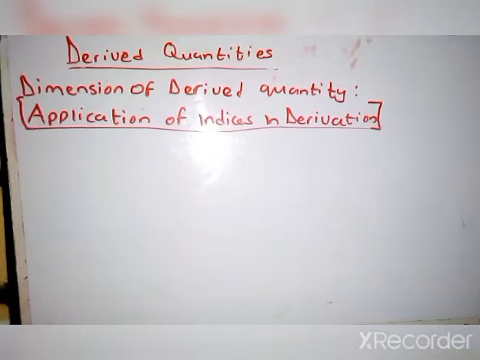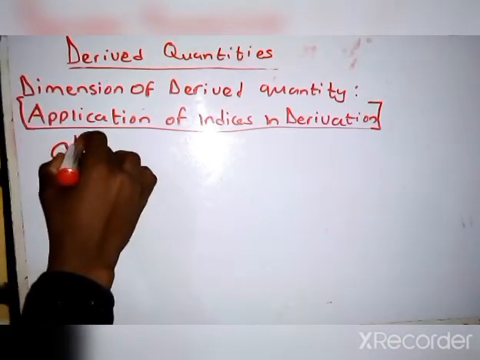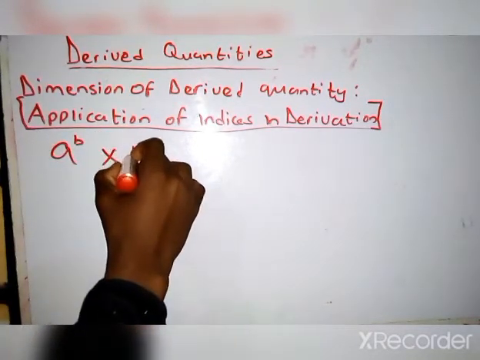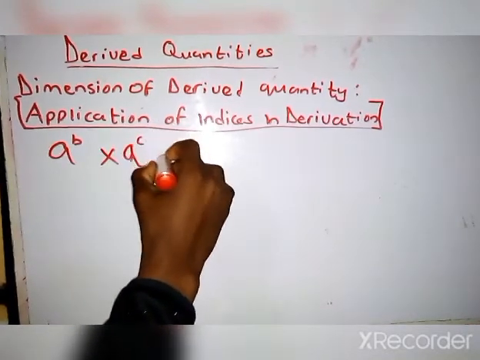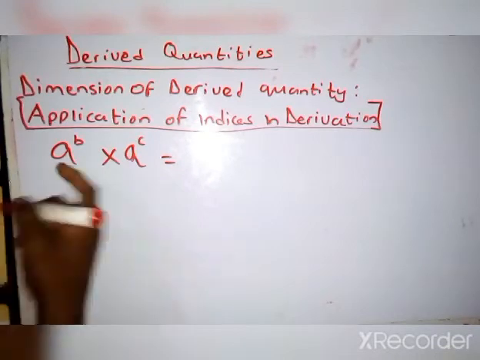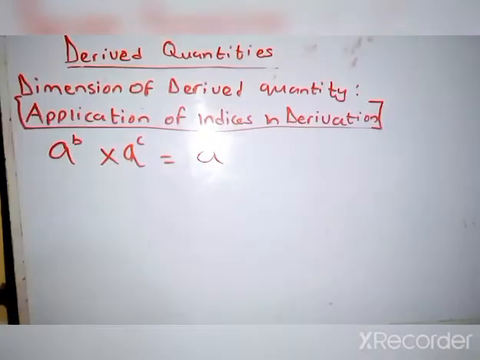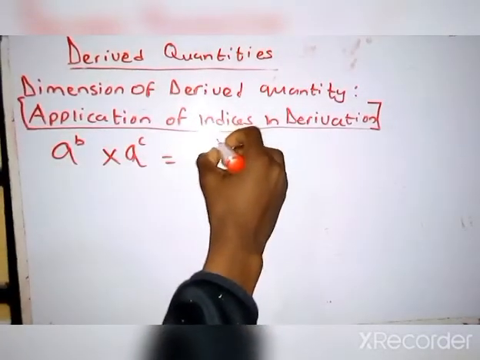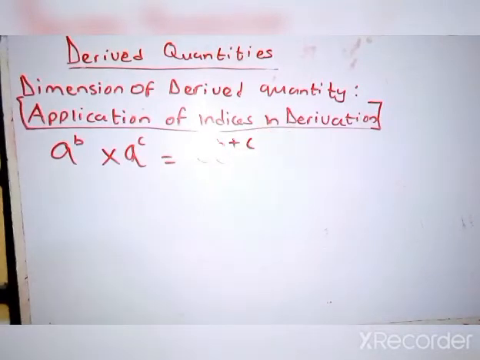Application of indices in derivation. In the derivation of derived quantities, we use some laws of indices, for example the product law. Let's say we have a raised power b multiplied by a raised power c. The law of indices states that when they have the same base, you write one base and sum up the powers, b plus c.